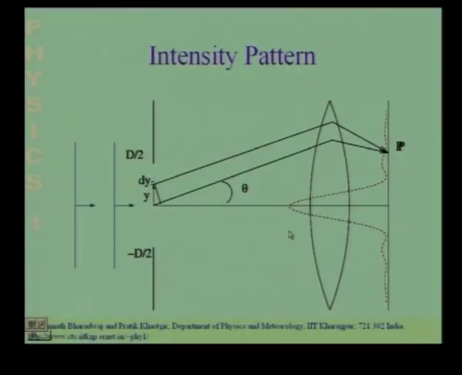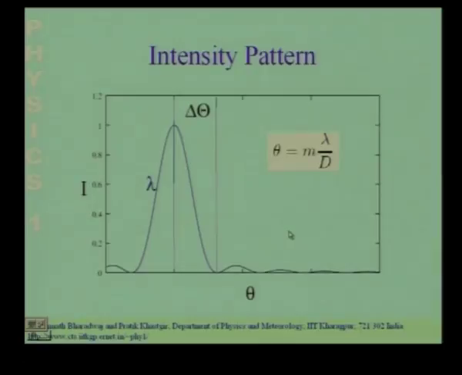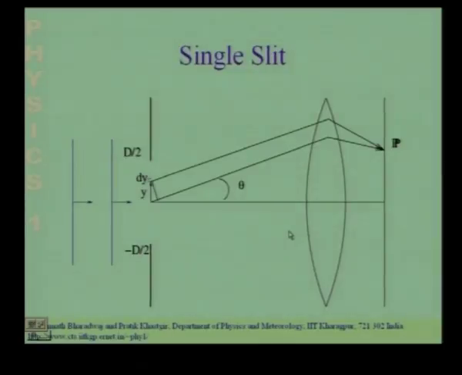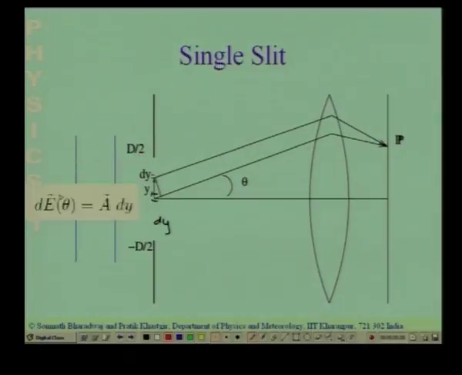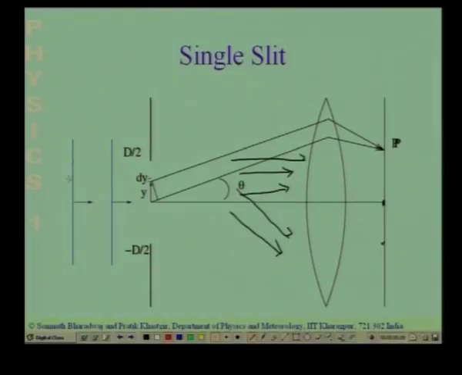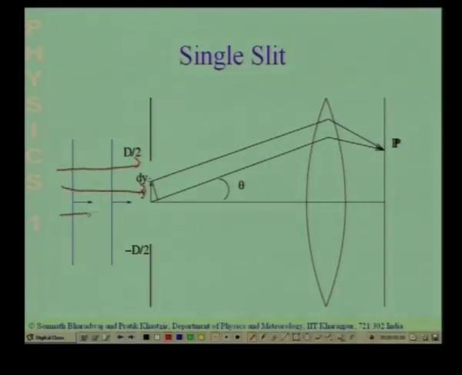Now, to put things in perspective, let us get a feel for what you would expect if you were doing geometrical optics. If you were to interpret this in terms of geometrical optics, you would think of this wave in terms of rays coming like this.